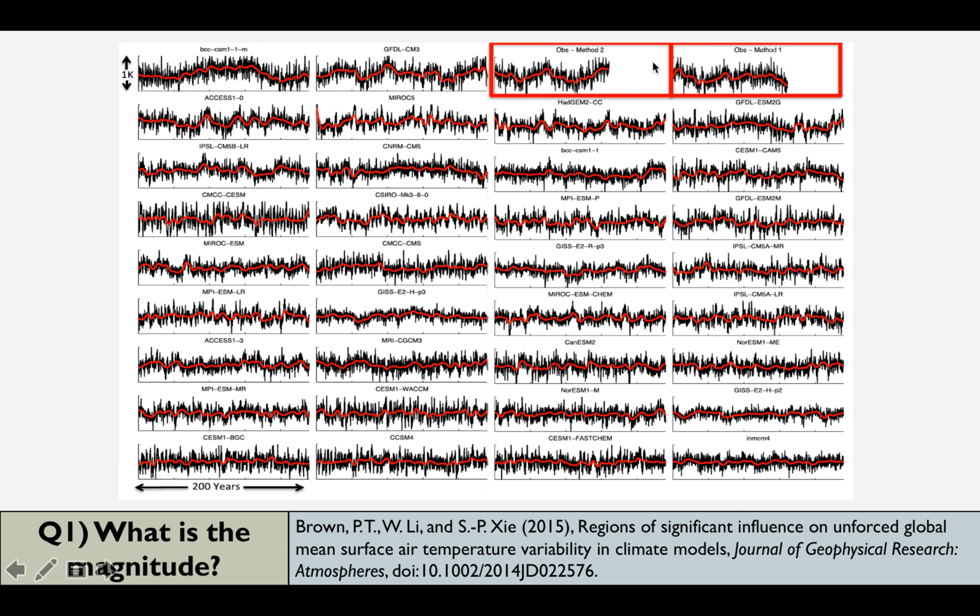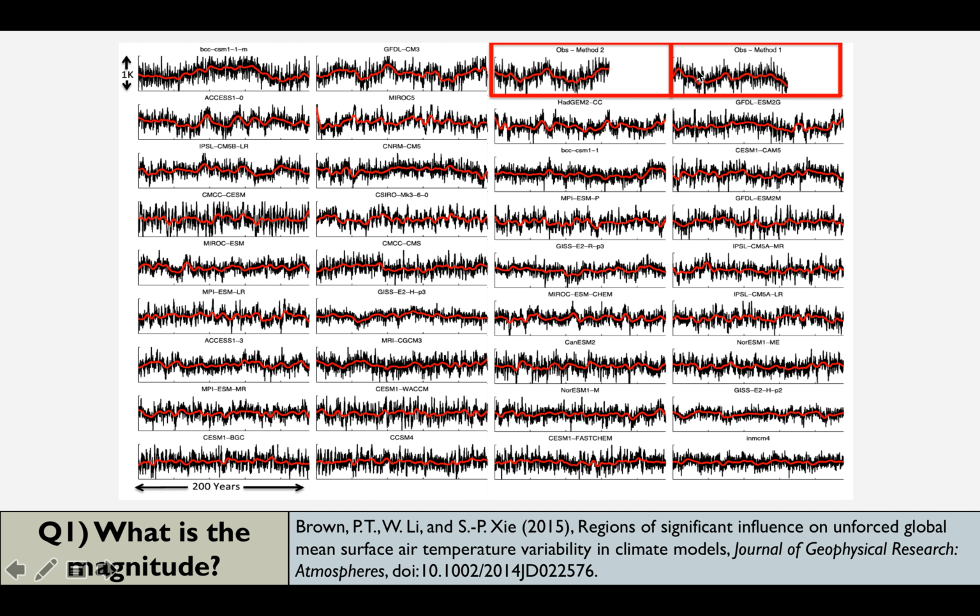And so that has to be removed before you can look at the unforced variability. And there's different ideas of how you should do that. And you can tell here that depending on your assumptions, you get a different answer. But what's interesting is that the magnitude of unforced variability between these 2 methods is actually almost identical.